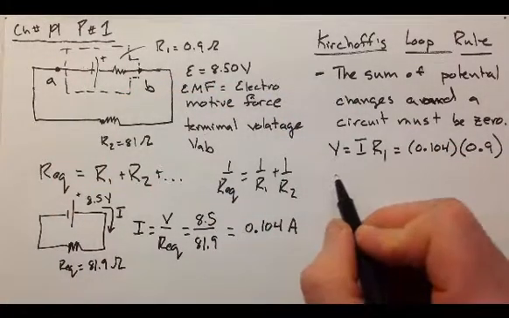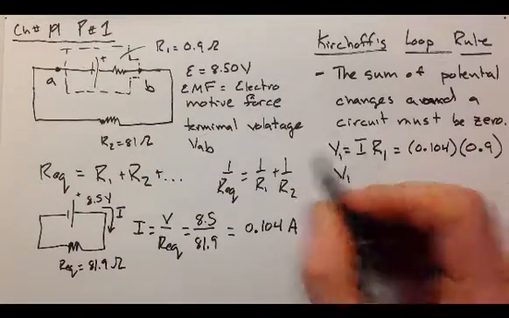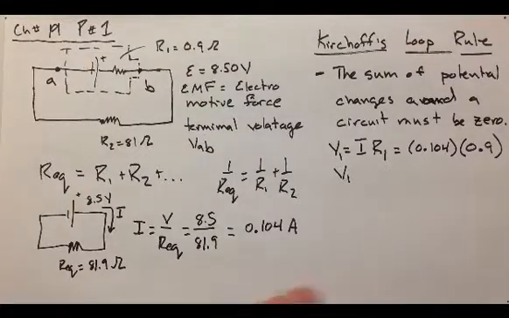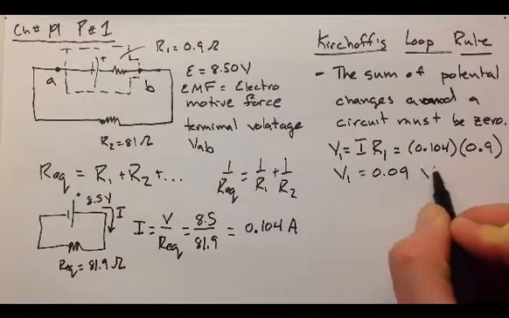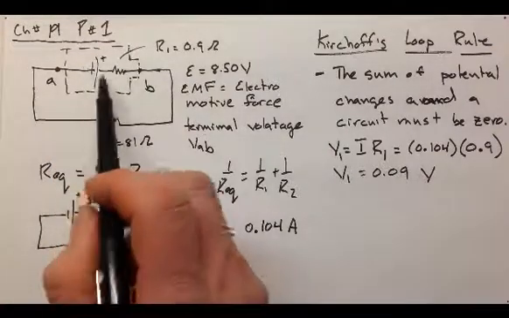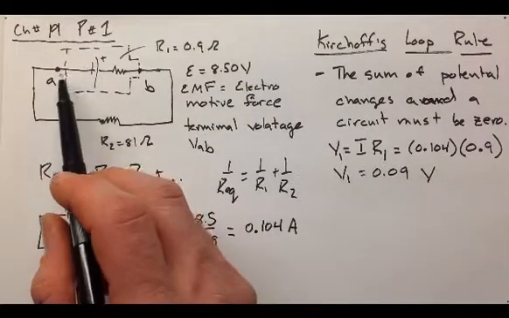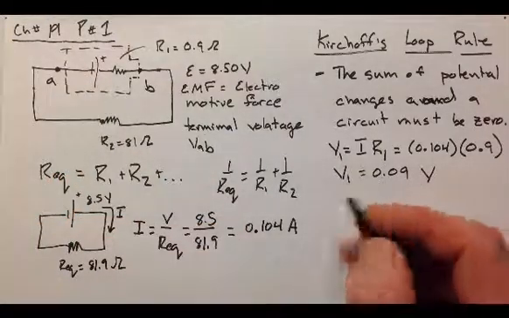If I round this out a little bit, I get the voltage drop across resistor 1 equal to 0.09 volts.